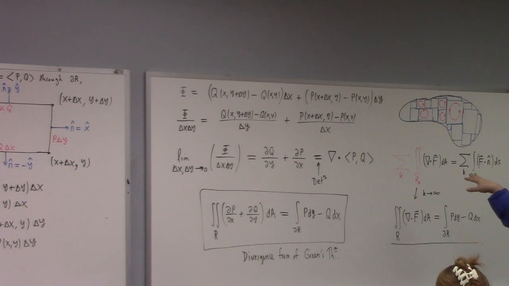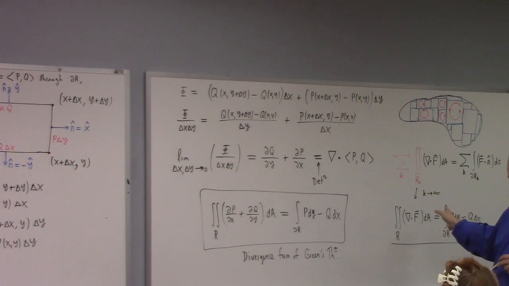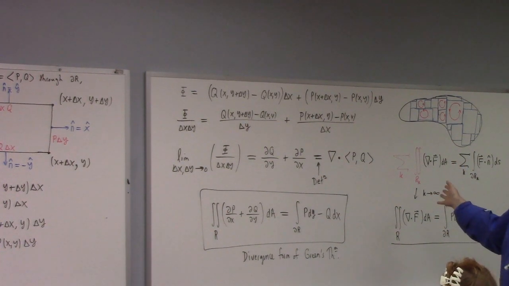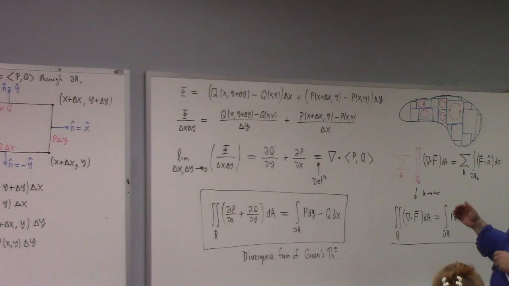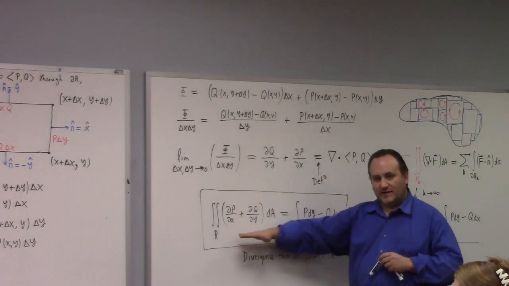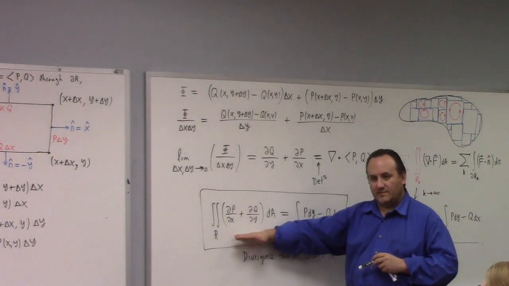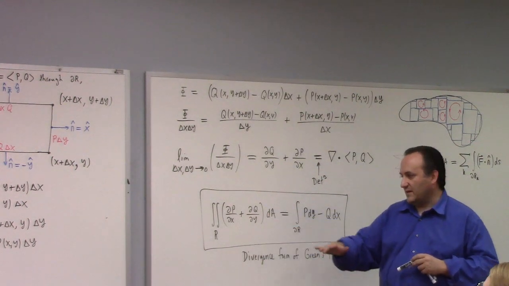I think this is a legitimate argument, don't get me wrong, I like it. But it would be good to give you a different argument which doesn't rest on parsing the shape into infinitely many rectangles. The other argument is to confront this directly for a simultaneously type 1, type 2 region. I'll show you that proof in just a second.